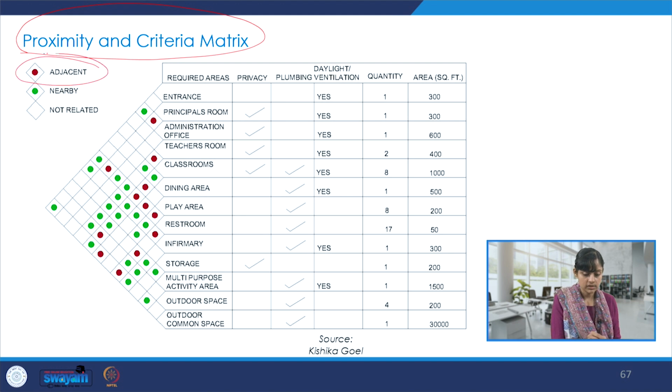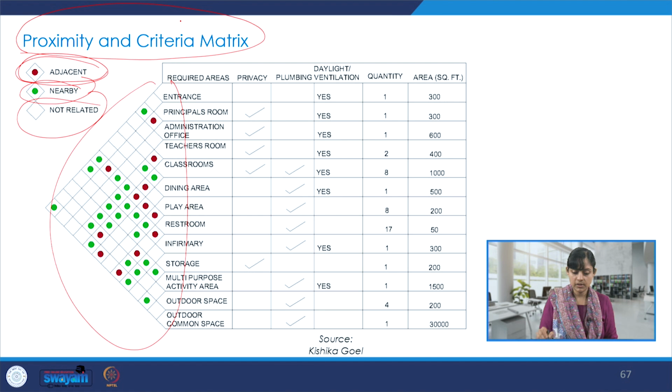And what are these spaces adjacent or functions adjacent to each other, nearby and not related. So if we are able to map these, we will be able to have an informed design decision. Wherever we make a design decision, it will be very informed and functional and effective.